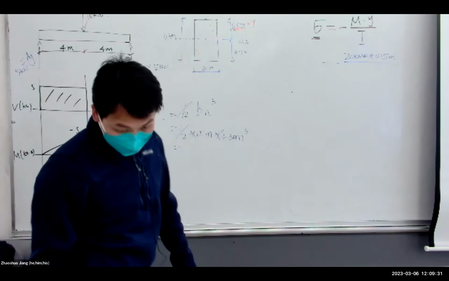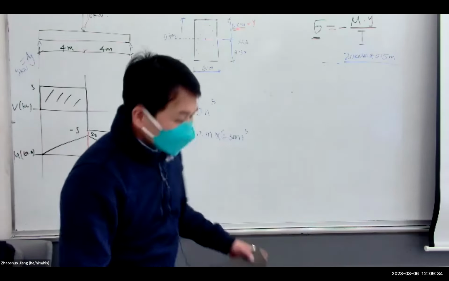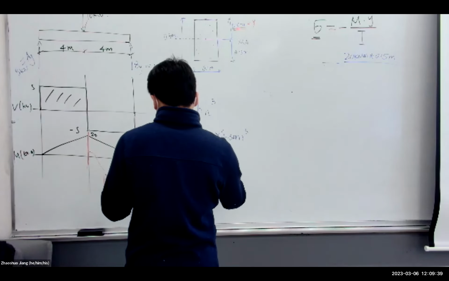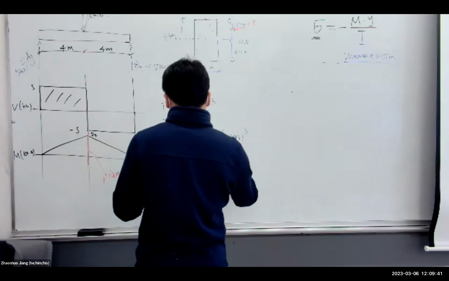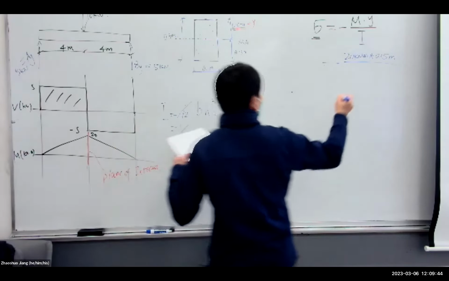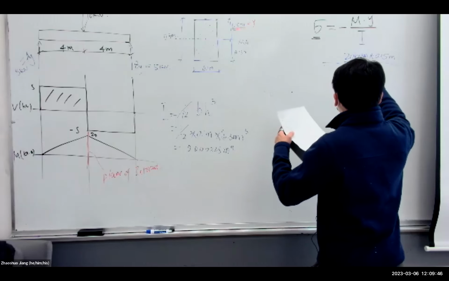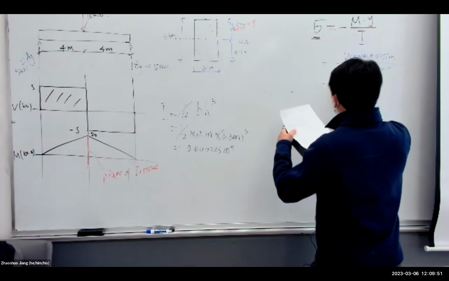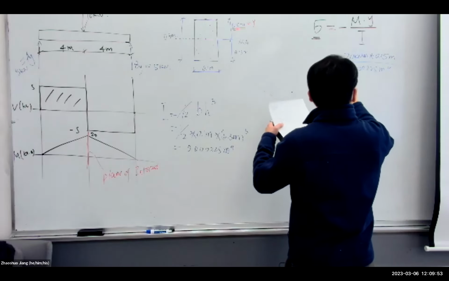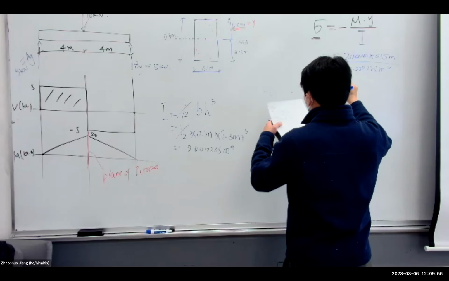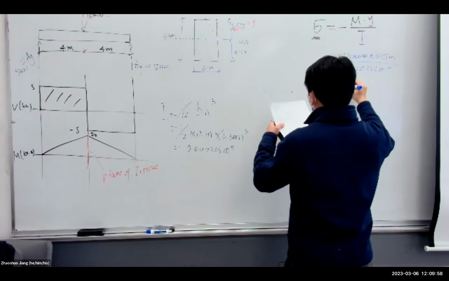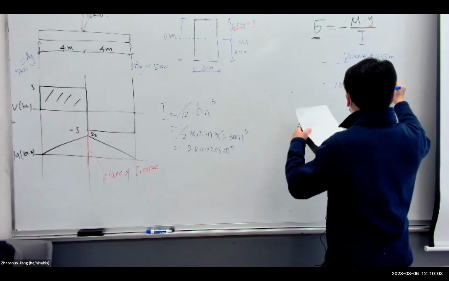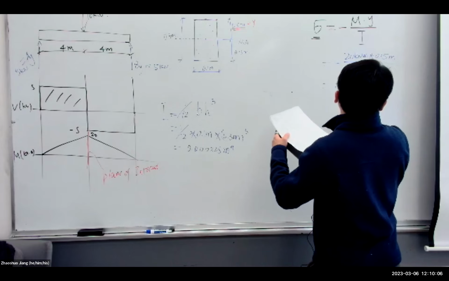And that will give us 0.000225 meter to the fourth, right? So that is 0.000225 meter to the fourth. If you calculate it, it's going to be 1333.33 kilonewtons per square meter. This is negative.